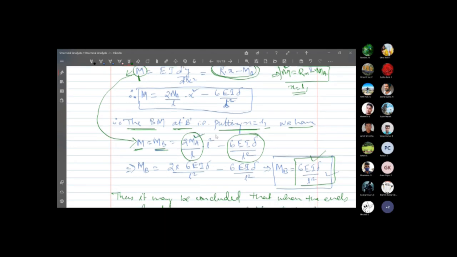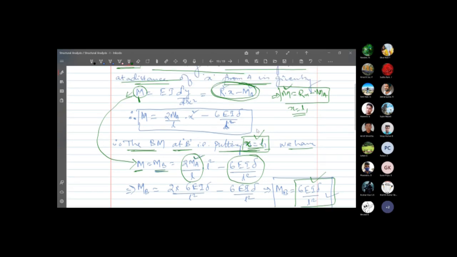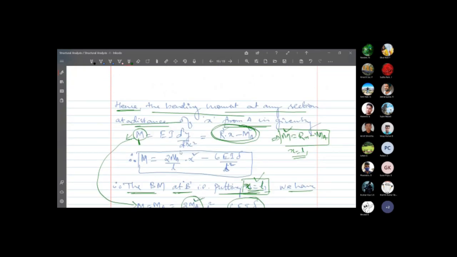I'm putting x equals L. Because what is the value of R? This is not square, my dear.